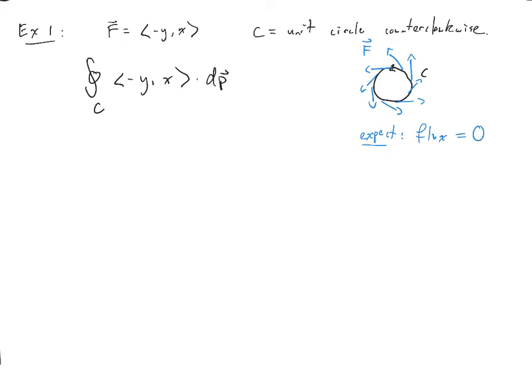But let's compute that with parameters to make sure that we can make sense of these things and compute them, not just eyeball them. And that what I've told you about flux is in fact true. And I see I wrote dp, but I definitely want this to be dn for flux.